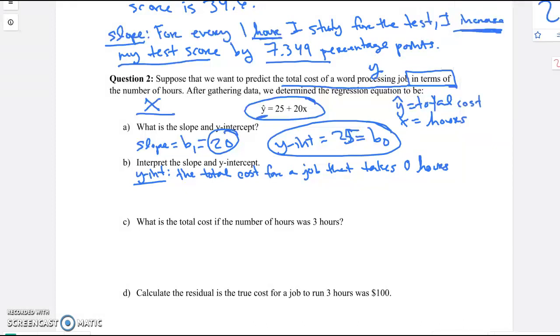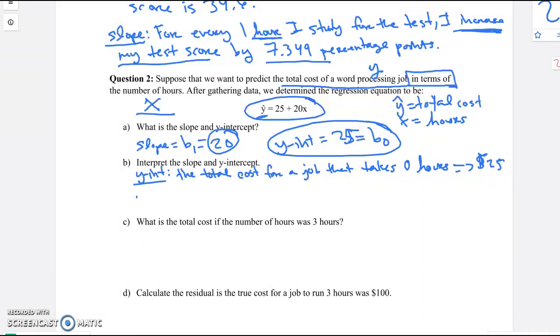So how much does it cost us for a job that takes 0 hours? Well, in this case, it's going to cost us $25. Okay, that's what it is. Now, be very careful. Take the y-intercept with a grain of salt. It doesn't really mean that that's what it is. You have to also take into perspective, does this make sense, right? So really keep that in mind.